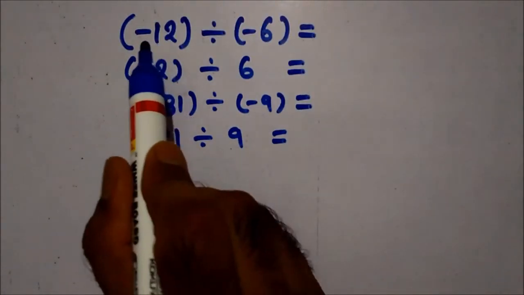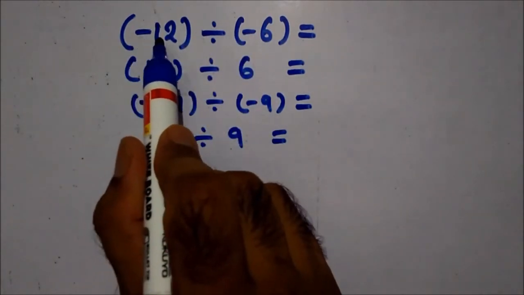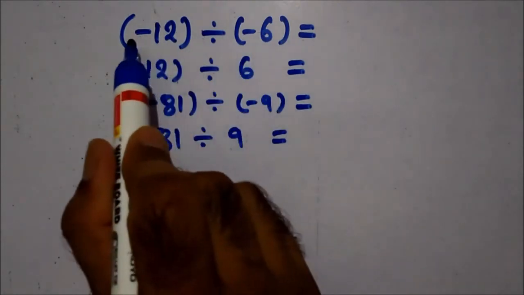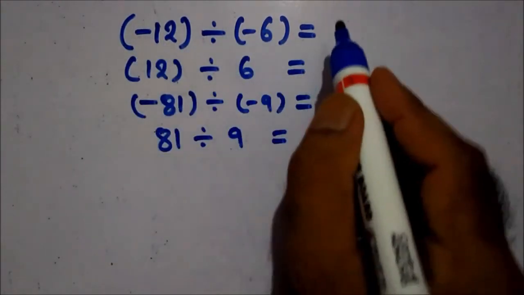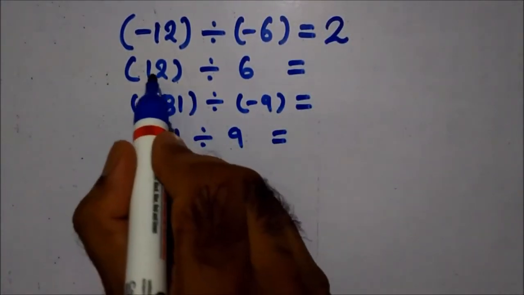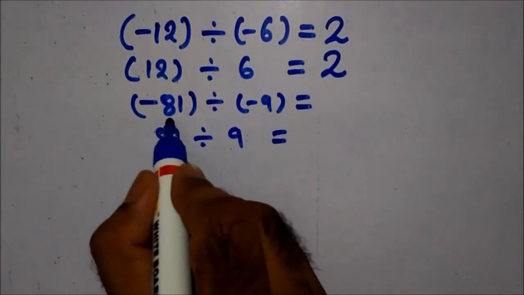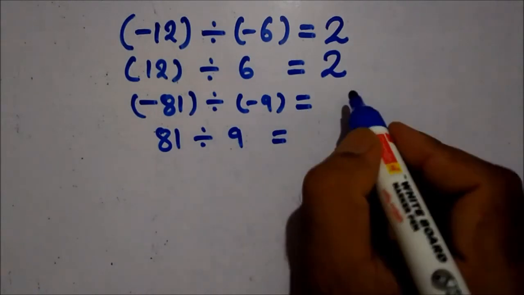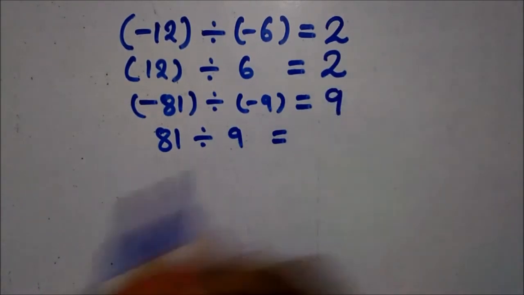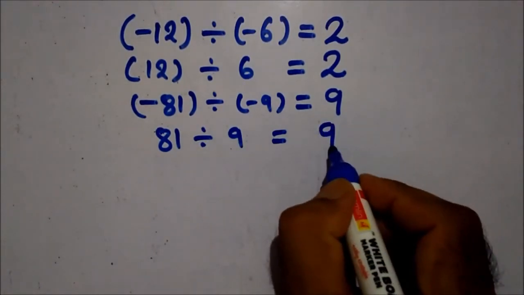Now let's check for both numbers being negative. When we divide -12 by -6, both are negative, but the answer will be positive 2. 12 divided by 6 normally also gives the same. -81 divided by -9 is 9, and 81 divided by 9 is also 9.